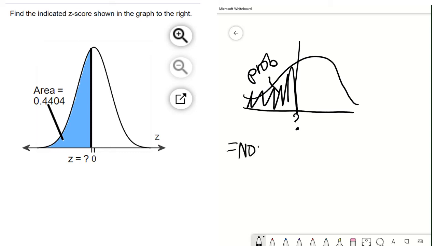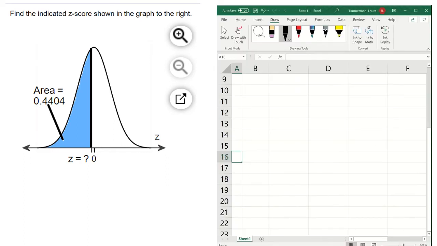Since this one is in the standard normal distribution, we'll use norm.s, and then for the inverse, .inv. And the only thing you need to enter into Excel is the probability on the left-hand side, which is the probability that it's given you. So let's go to Excel and find it for this question.